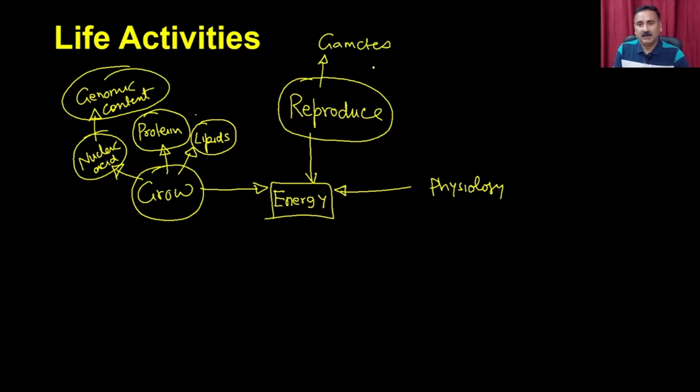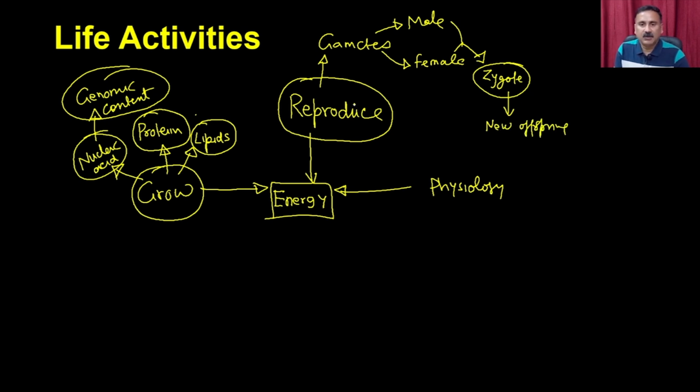You can have the male gametes, and you can also have the female gametes, and all these male and female gametes are actually going to fuse with a complicated process, and that's how they are actually going to form the zygote, and that zygote is actually going to develop into the new offsprings. And if you see all these processes related to reproduction, you are actually going to produce the gametes. That also requires the synthesis of the proteins, lipids, and nucleic acids.